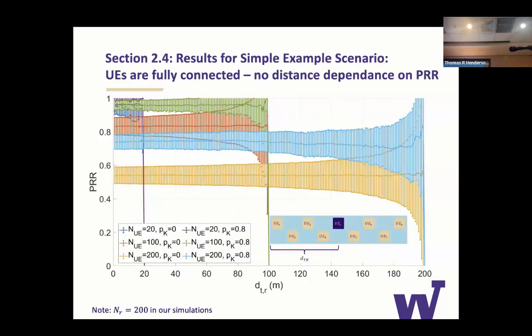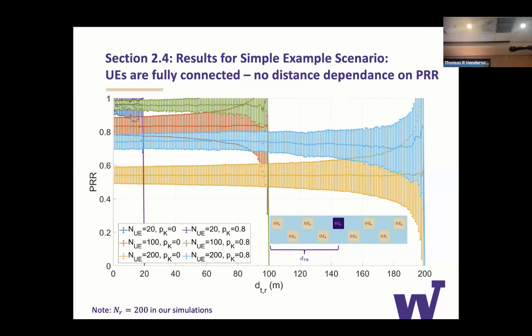Okay, so let's go to the NS simulation result. This slide shows the simulation result for the fully connected network, because previously I showed that the UEs are uniformly distributed in a line. In our simulation, the inter-UE distance is just 1 meter. So if there are 200 UEs, here at 0 is where the reference UE is located, and here is the last UE in the simulation.